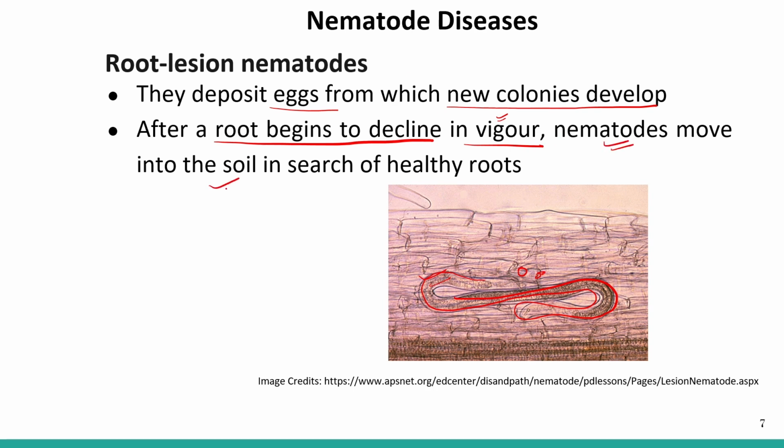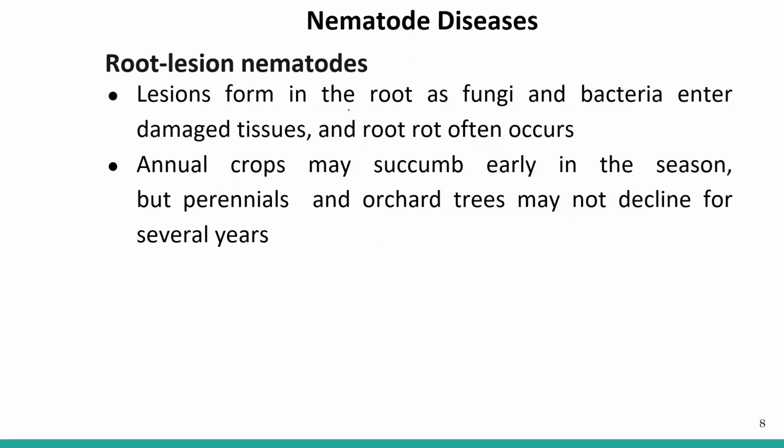Nematodes move into the soil in search of healthy roots. Lesions form in the root as fungi and bacteria enter the damaged tissue. Not only this, due to the presence of this nematode causing lots of damage to the roots, through these lesions the many fungi and bacteria present in the soil can also enter and cause a lot of damage to the roots.